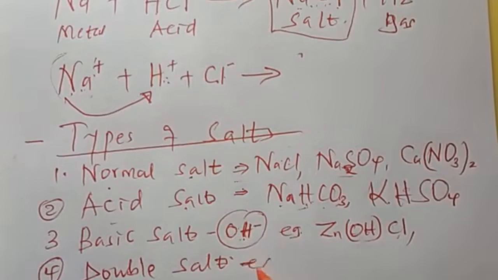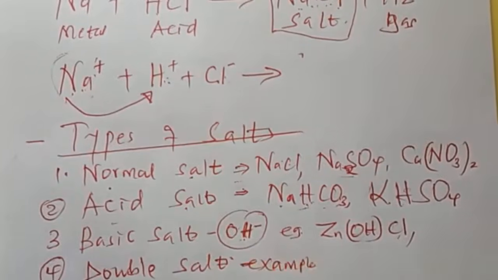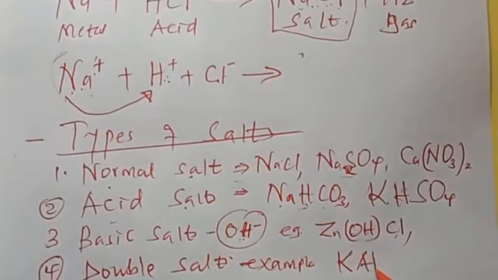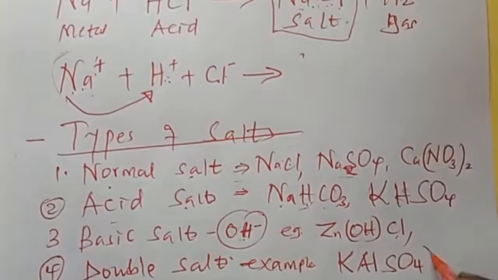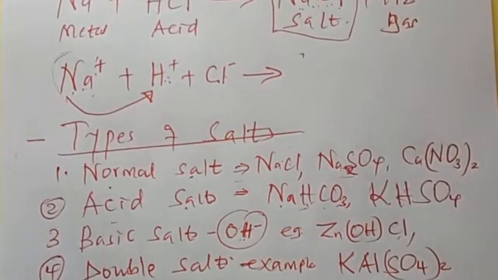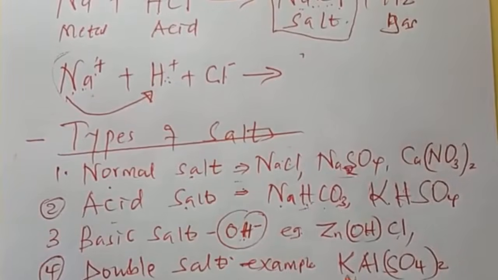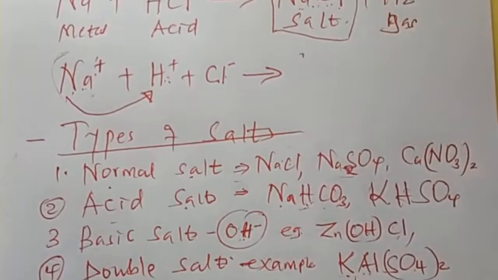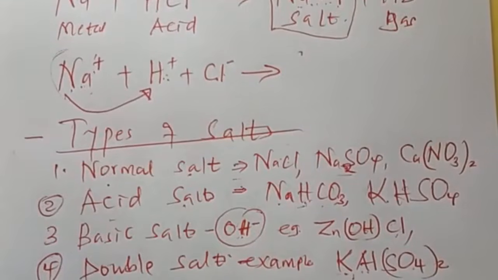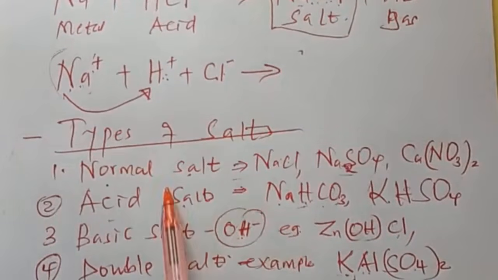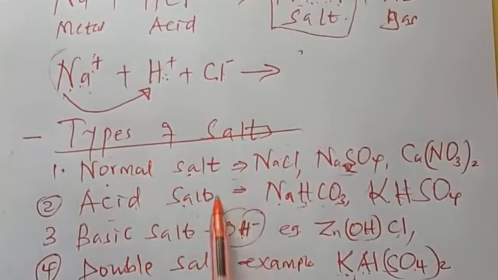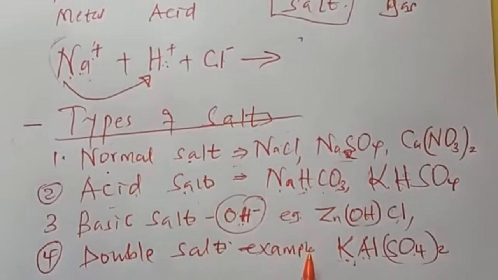An example of a double salt is potassium aluminum sulfate. This is potassium, this is aluminum, and then sulfate. That one is a double salt. But my major aim is to enable you to know the types of salts. So it is important to know the types of salt and at least one example for each.